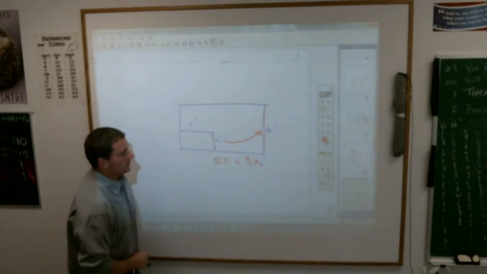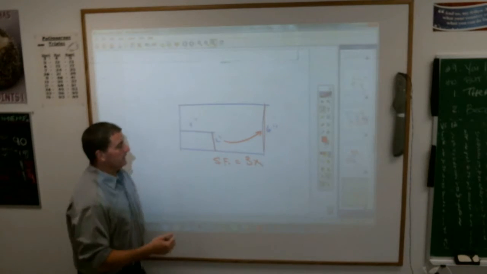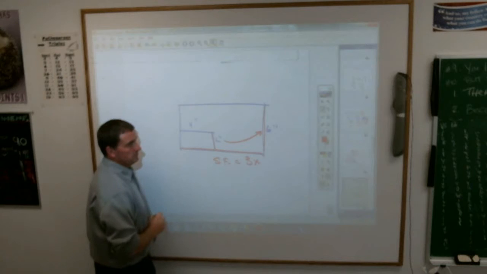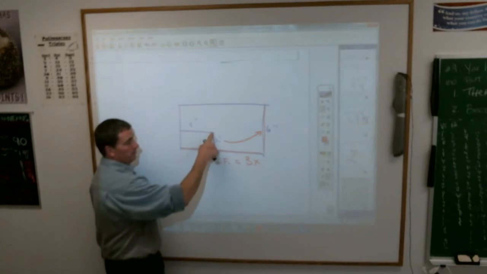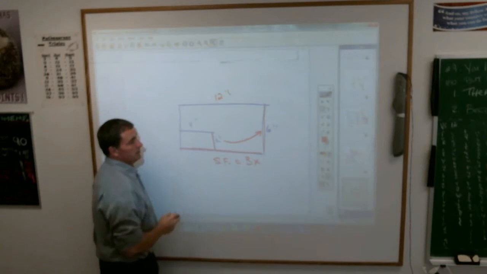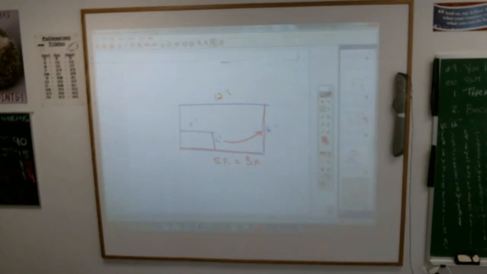From the small to the big, you multiply by 3. So what's the length of this side going to be? This is 4, so times 3, this is going to be 12 inches. Okay? So is that the first question they asked? Find the ratios of the perimeters and the area of the larger to the smaller.